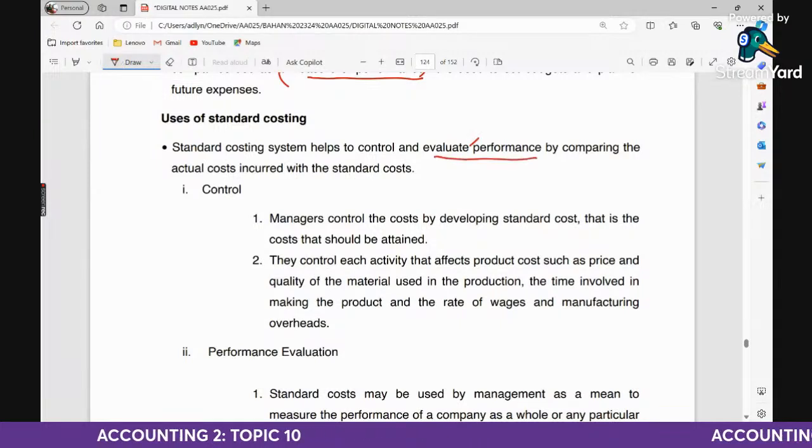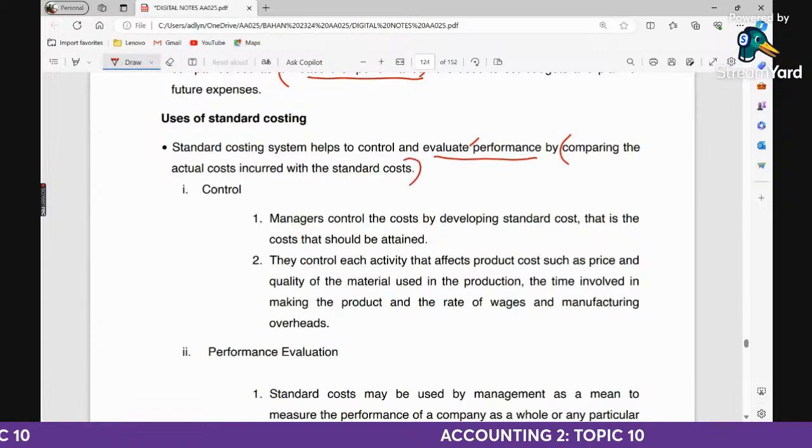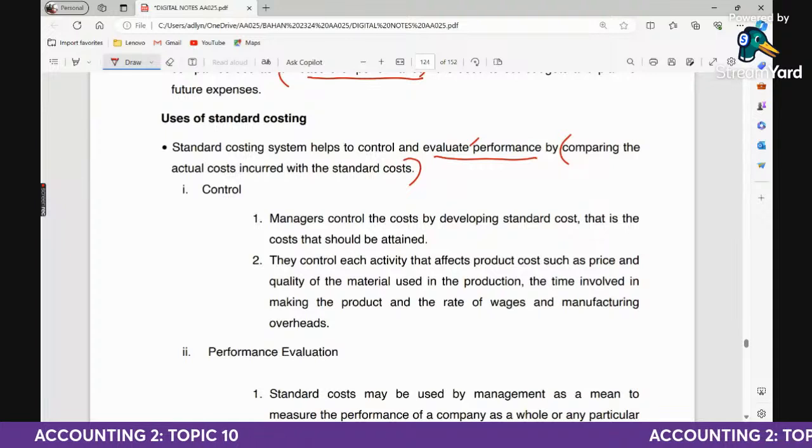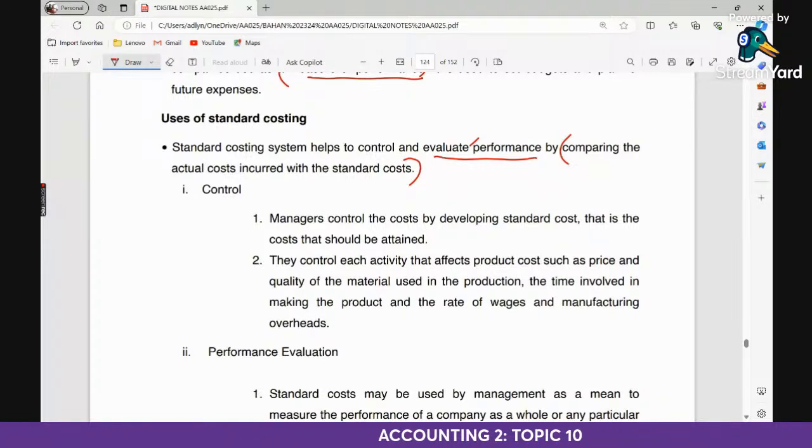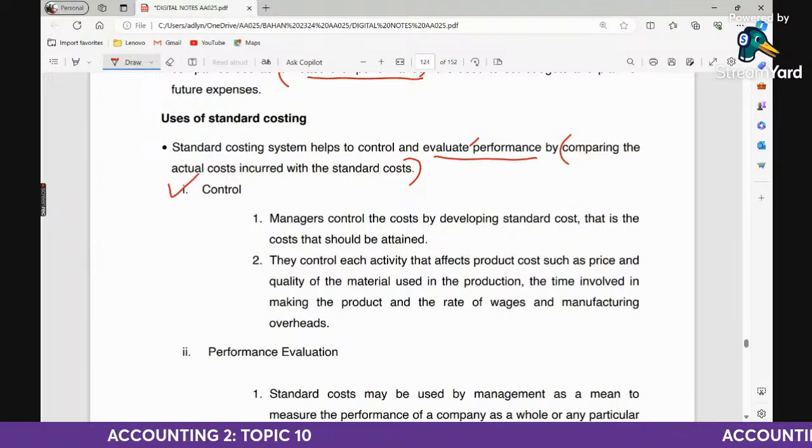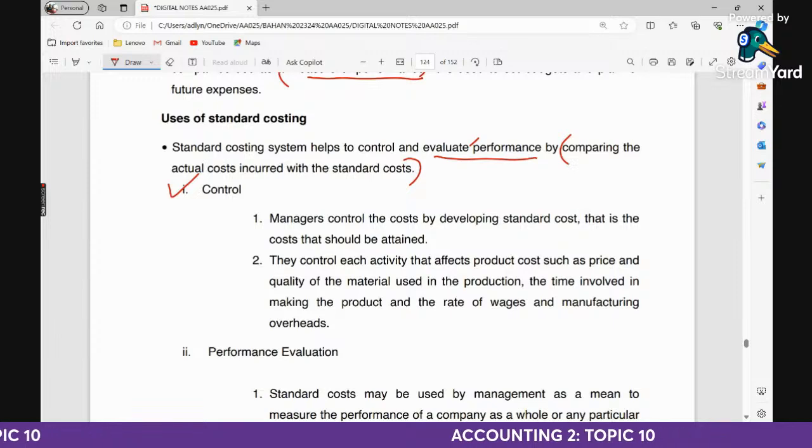So we will compare the actual cost incurred with the standard cost. These are the two data that we are going to use to do the comparison. Satu ialah untuk control. Managers control the cost by developing standard cost, that is the cost that should be attained.